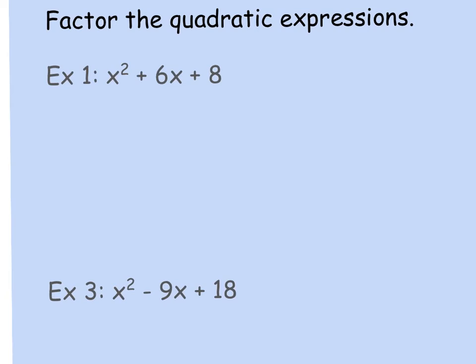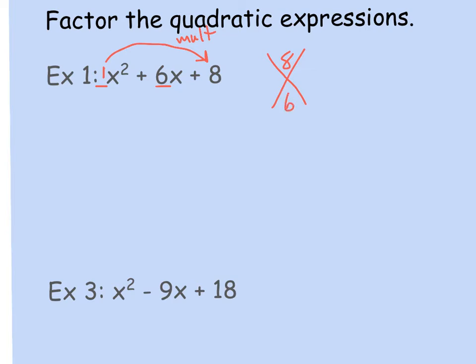So we'll look at this first one. And the way we started out is this. You take the number in front of your x squared, your a term, which is 1, and you multiply it by the last term, which is 8. 1 times 8 is 8. And now we want factors of 8 that add up to this middle term in front of the x, which is 6.